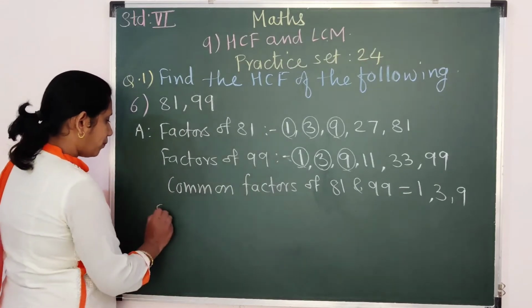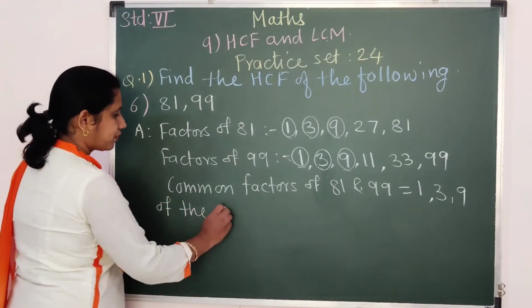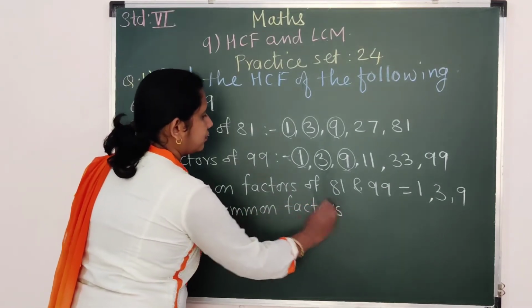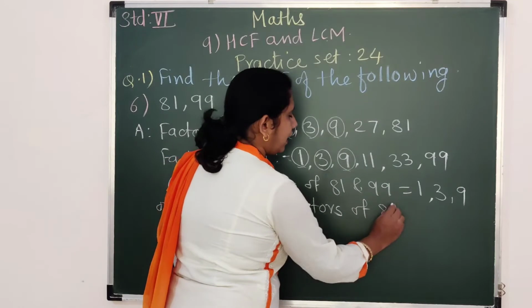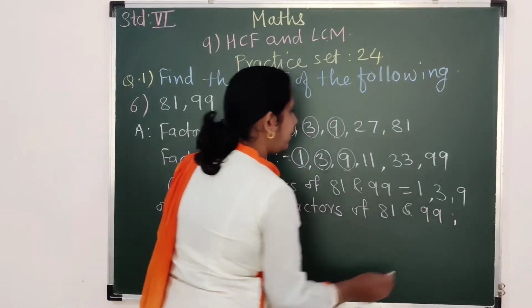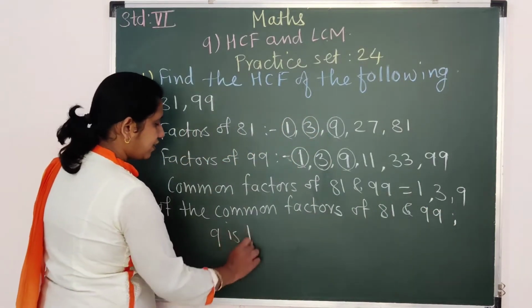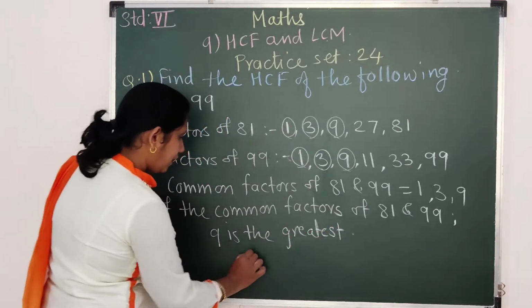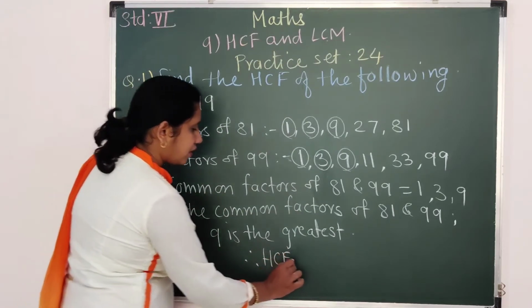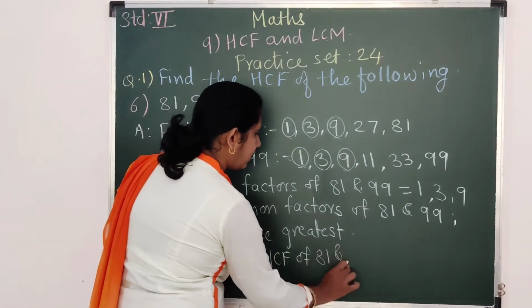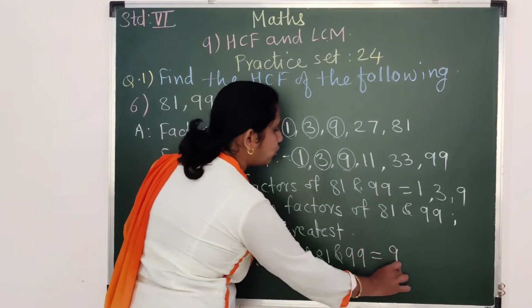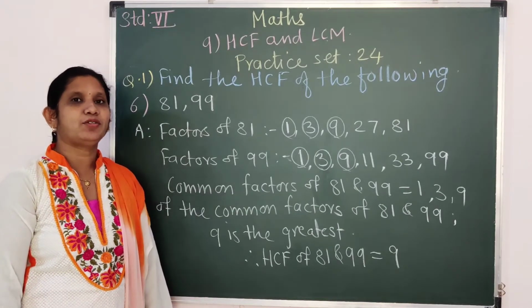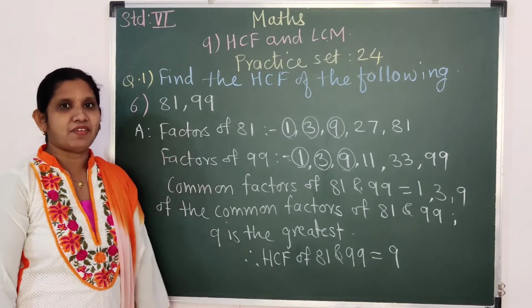Of the common factors of 81 and 99, 9 is the greatest or largest. Therefore, HCF of 81 and 99 is equal to 9. Is that clear? Okay.